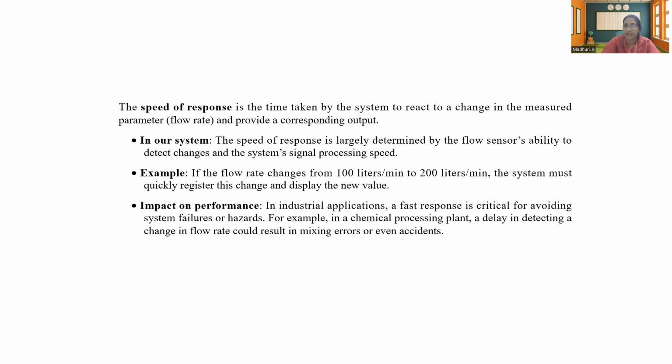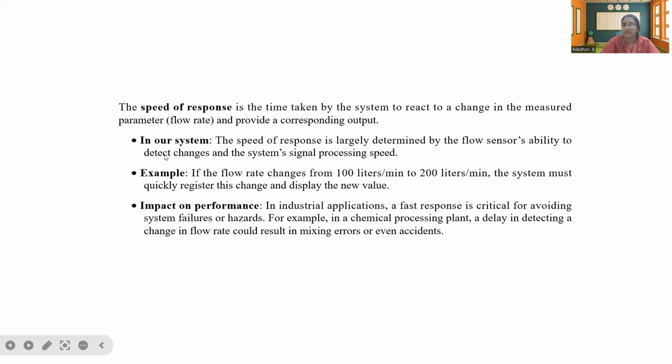If the sensor can sense rapid changes and detect them fast, then the speed of response will be high. If the flow rate changes from 100 liters to 200 liters per minute, the system is expected to respond quickly to the change, and it should update the values on the monitor.